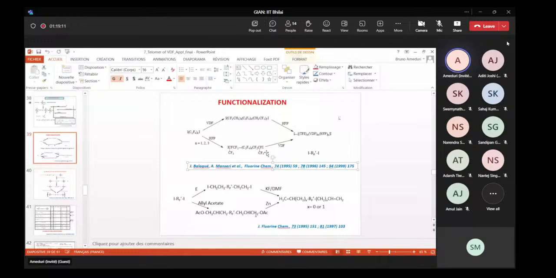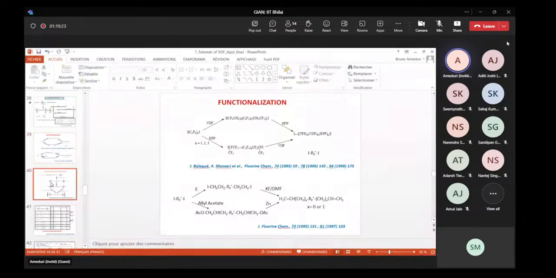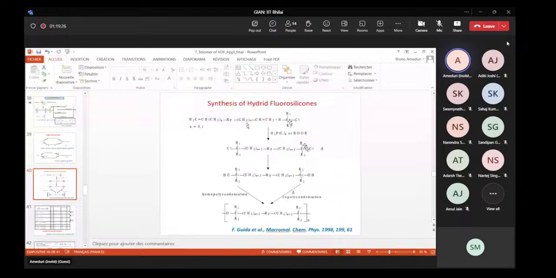So it was interesting because we have a little spacer, X can be 0 or 1, and in this case, we could introduce by hydrosilylation, it was possible to make some new telechelic dichlorosilane, which could be hydrolyzed into disilanol, and either copolycondensed with this chlorosilane, or homopolycondensed in order to prepare what is called hybrid fluorosilicones.